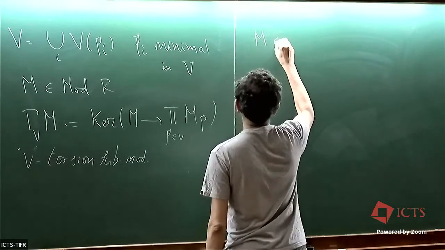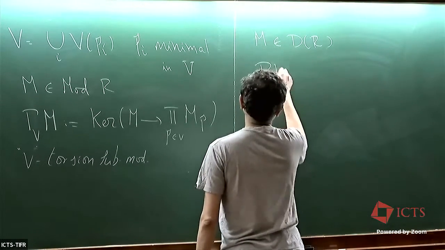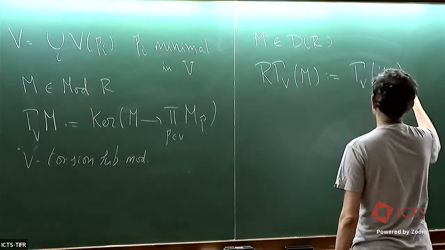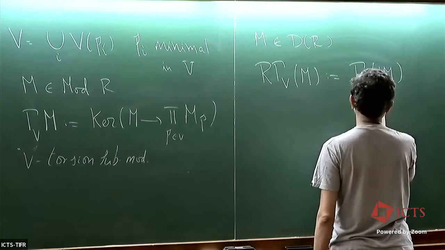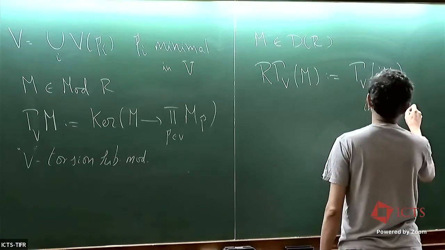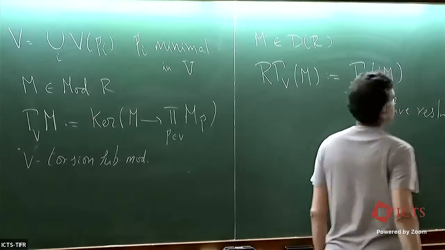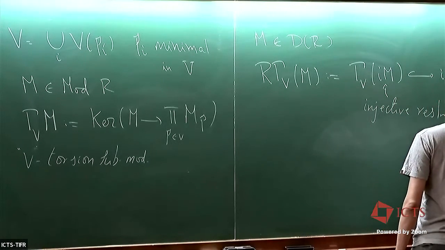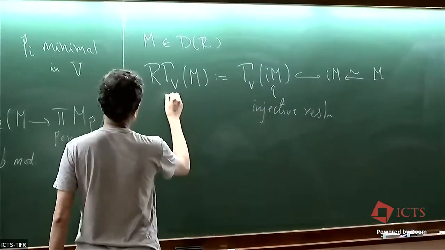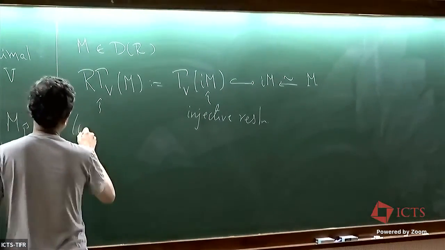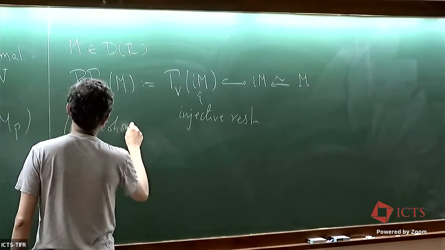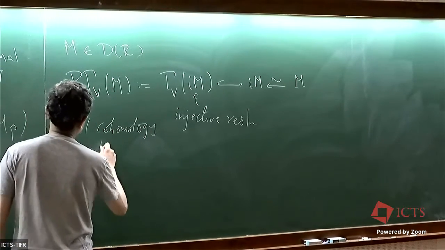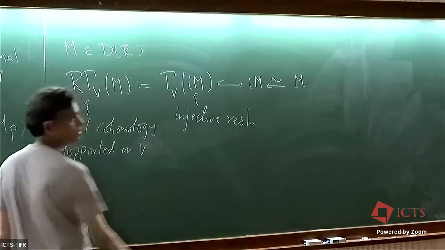So for M in the derived category, you can apply this to the injective resolution of M. And then this of course sits inside M. So this is the local cohomology supported on V, or the local cohomology functor supported on V. Right?